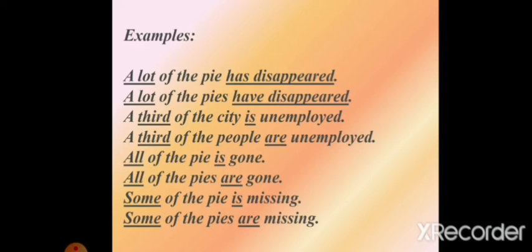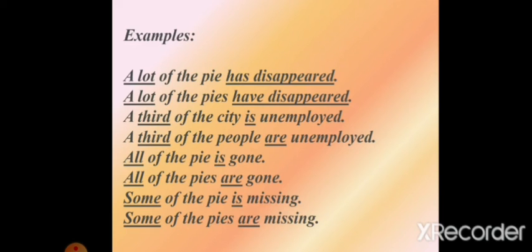Then some of the pie is missing. Some of the pie is missing. So the pie is singular. If you say some of the pies are missing, it means there were so many pies and some are missing. But in the previous sentence, some of the pie is missing means there was one pie and some of it is missing.